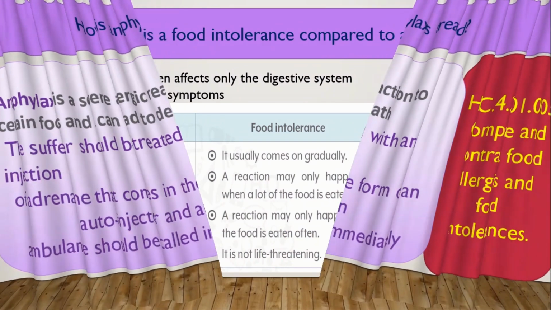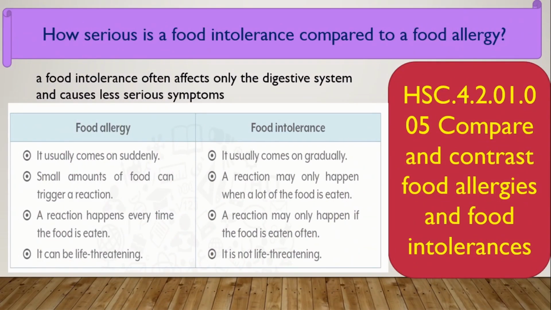And finally, we have: how serious is a food intolerance compared to food allergies? A food intolerance often affects only the digestive system and causes less serious symptoms. Food allergy: it usually comes on suddenly, but food intolerance usually comes on gradually.